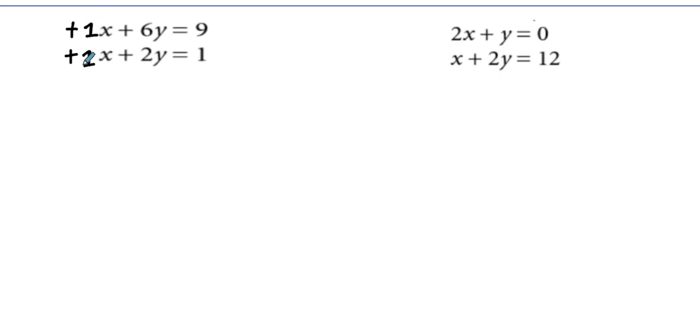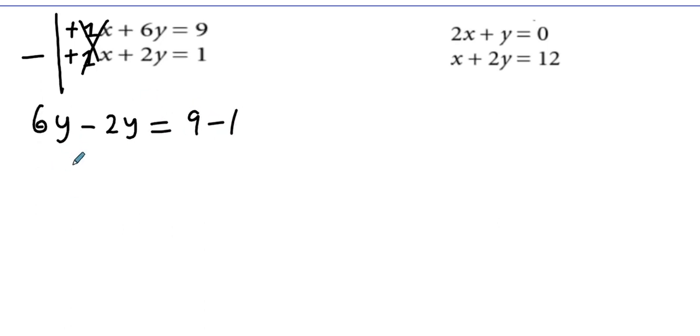The numbers are already the same on letter x. So same signs, we subtract: 1x minus 1x is 0. And then I head over to 6y minus 2y equals 9 minus 1. This will be 4y equals 8. Divide by 4, y equals 2.